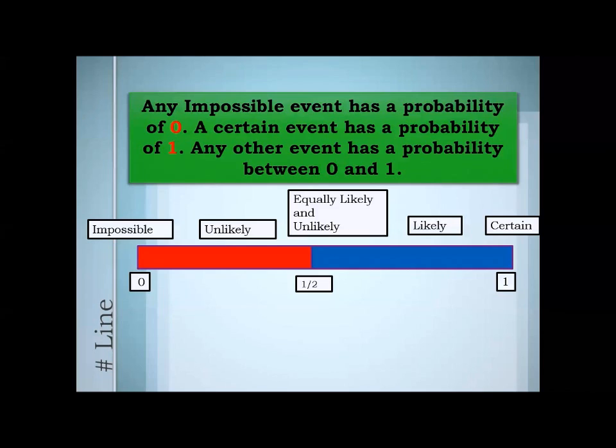So that was a certain event. And any other event has a probability between 0 and 1. And that has to do with the fraction itself. And later on, we'll explain that.